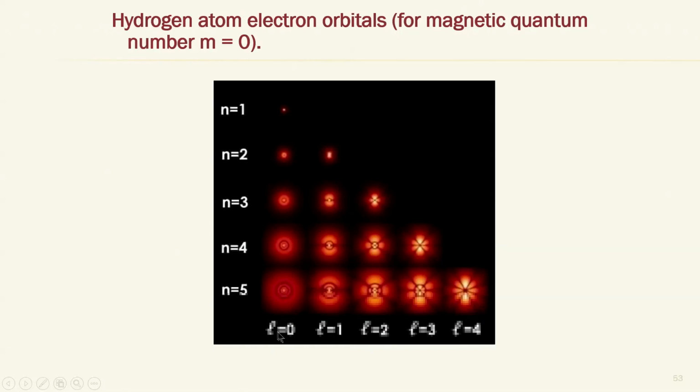But in this case, L is equal to 1 here, and right from n is equal to 1, here it is L is equal to 0.